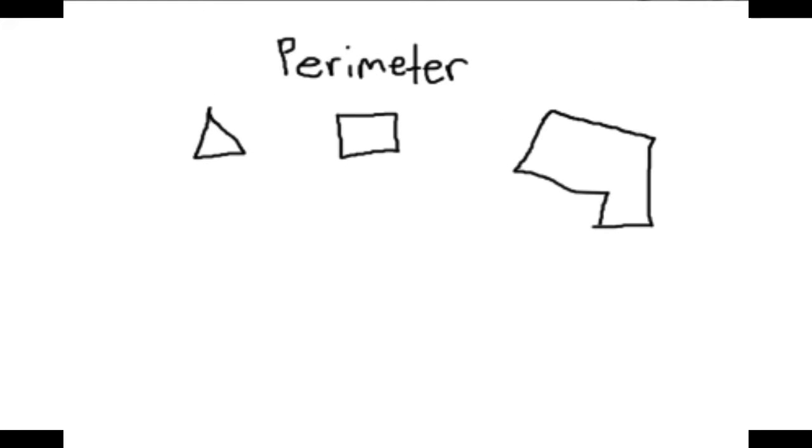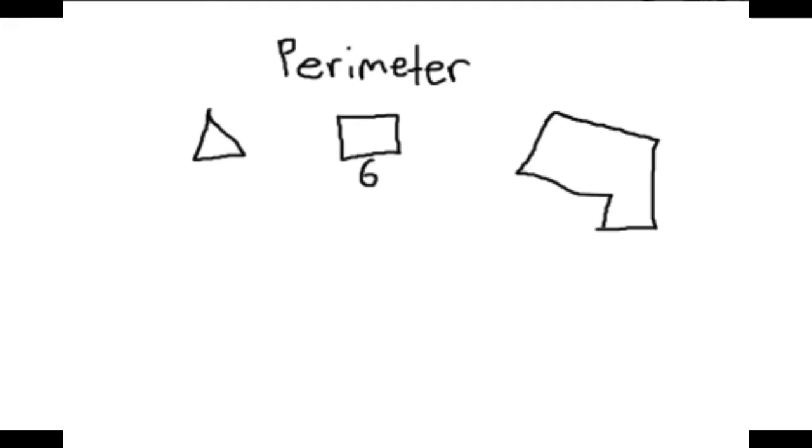So to find the perimeter, you need to first find the length of all the sides around it. So let's say we had a square, which is this middle figure, whose side was the length of 6. You need to know that a square, just like all rhombuses, has all sides the same length.